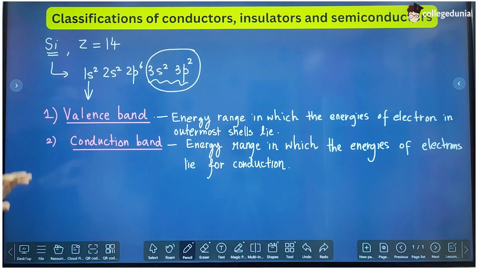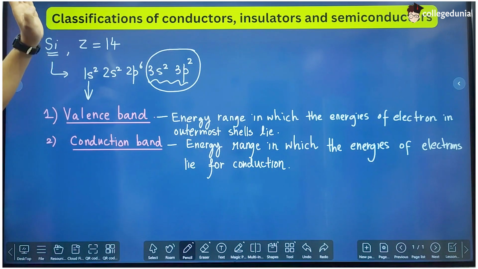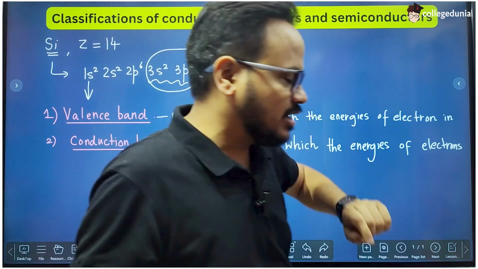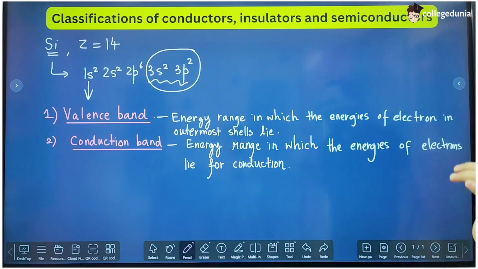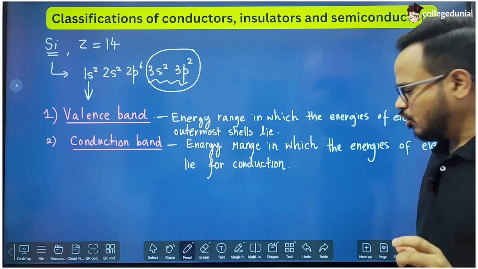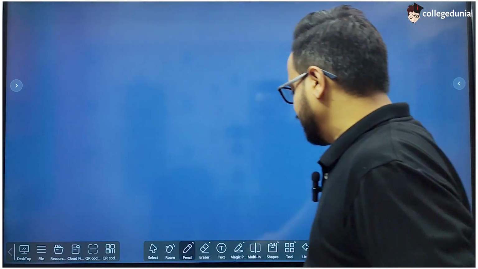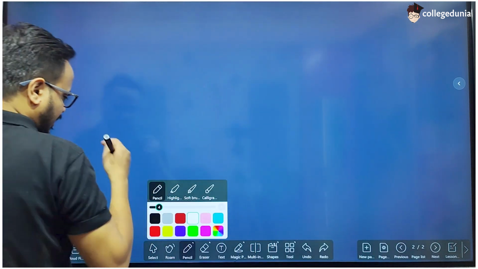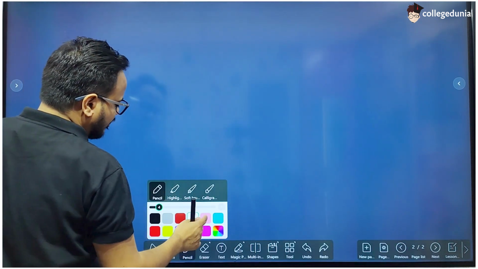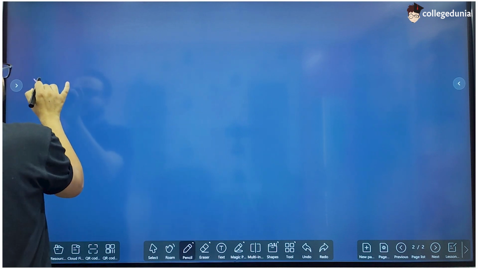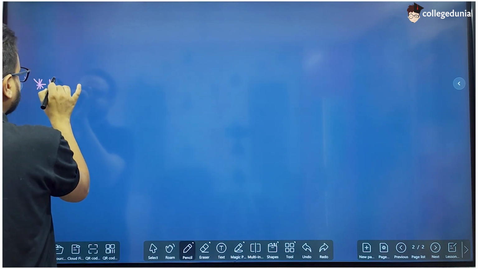So on the basis of these energy bands, we can distinguish between conductors, insulators and semiconductors. Let us see how. We are drawing a very important thing, which is called the energy band diagram. Let's start with the insulator first.